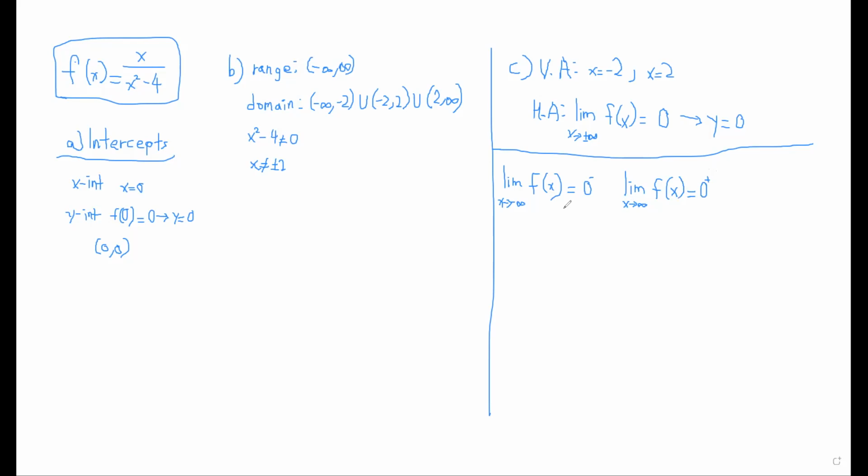Okay, how about the vertical asymptotes? What happens if you approach the left side of x equals -2? So let's think. This would be a very, very, very small positive number. That's, yeah, negative infinity.